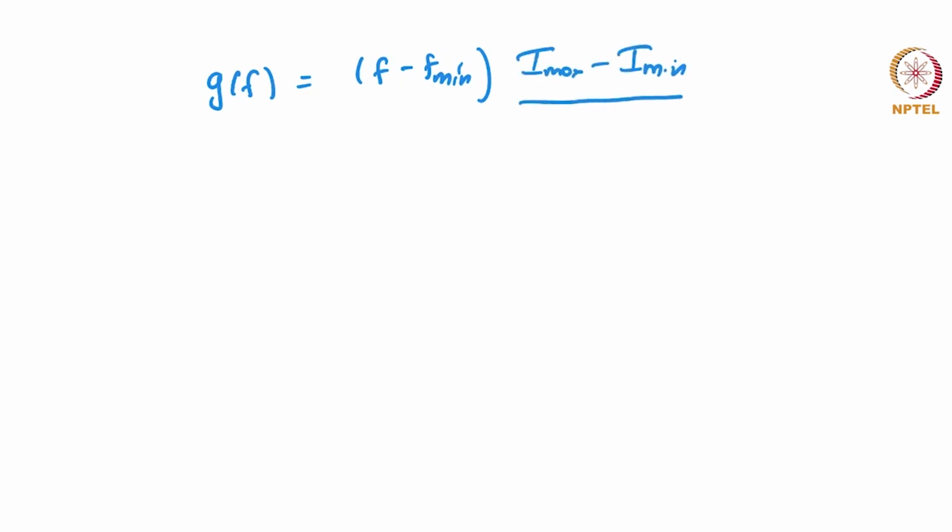So let's see how it's actually done. The formula, I'll write this down, is G of F, that's the transformed intensity, is equal to F minus F min, times Imax minus Imin, divided by F max minus F min, plus Imin.